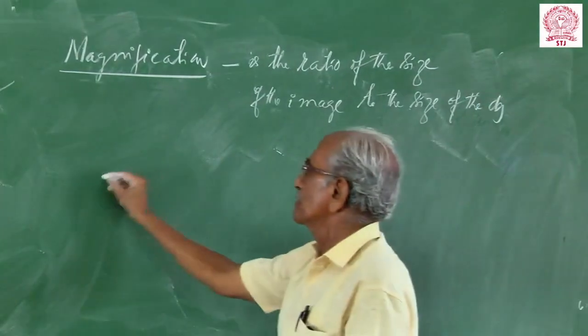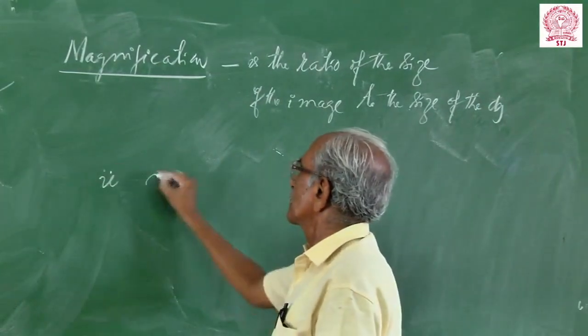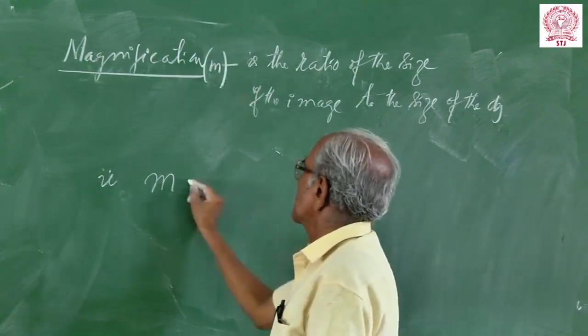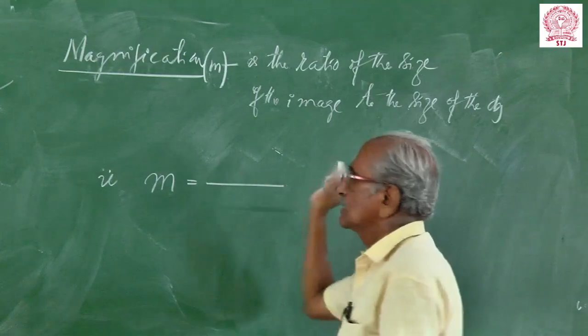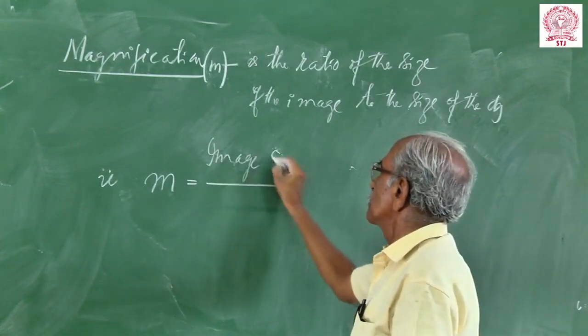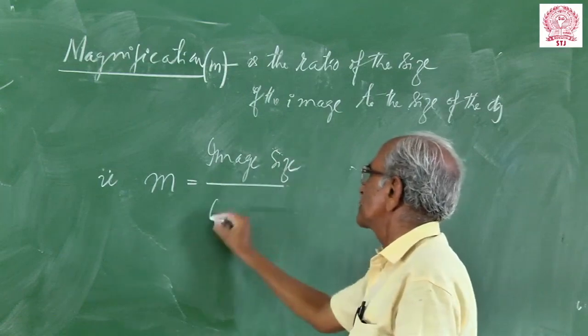That is denoted by the symbol M. Usually, M is image size over object size.